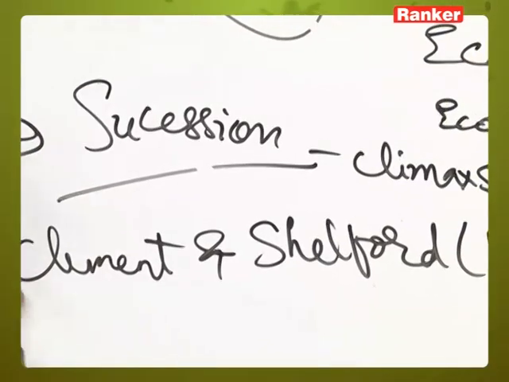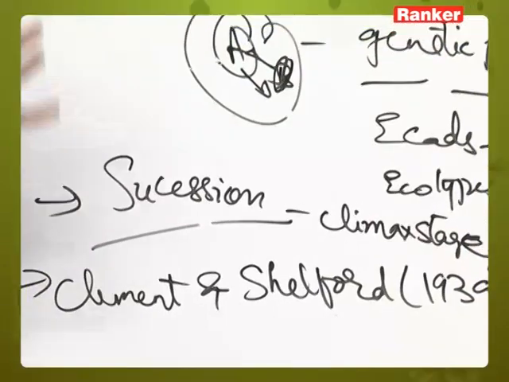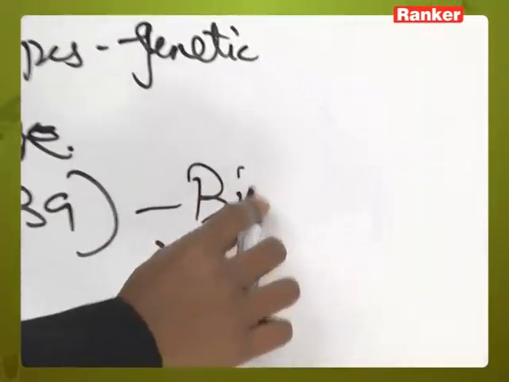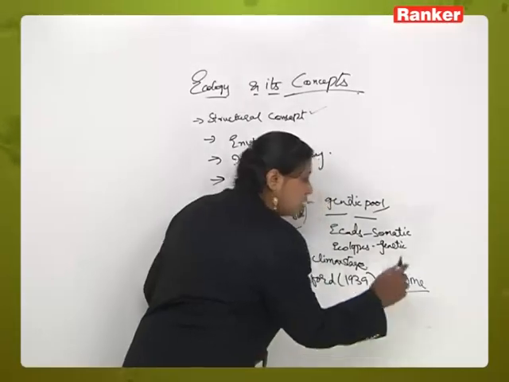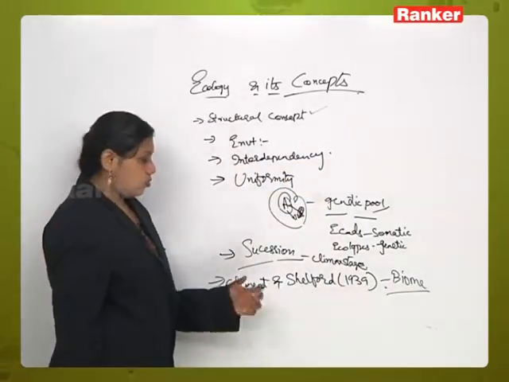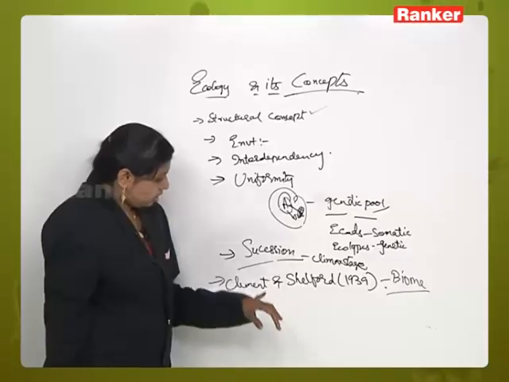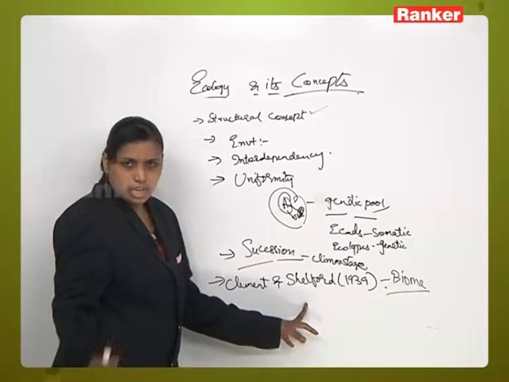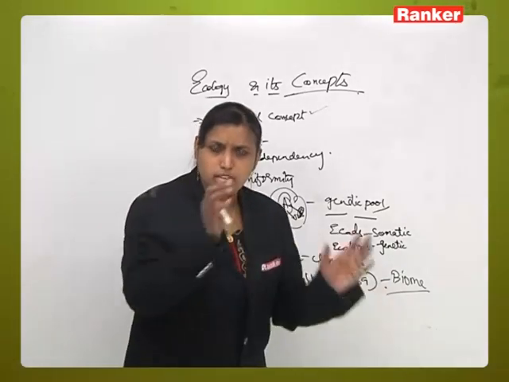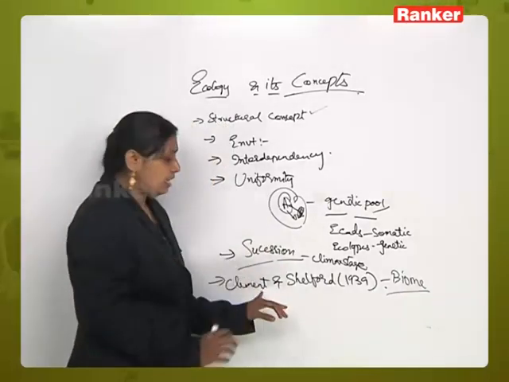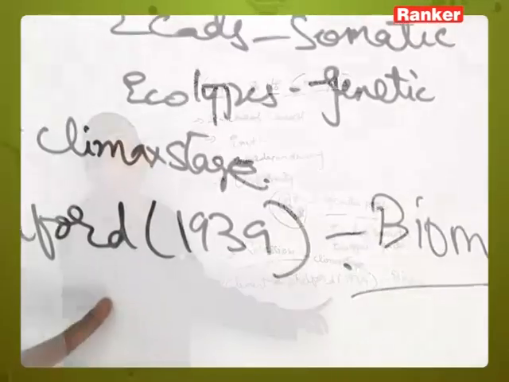Next, another concept when we are talking in terms of structural aspects of ecology is the term called biome. What is a biome? It was a word used by two ecologists, Clements and Shelford. All the plants and all the animals are related to each other with their coaction and reaction in that particular atmosphere, and they attain a stage of stability.